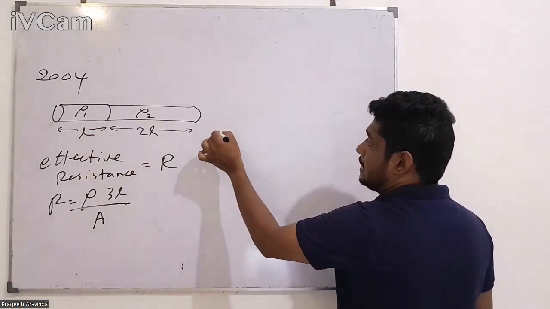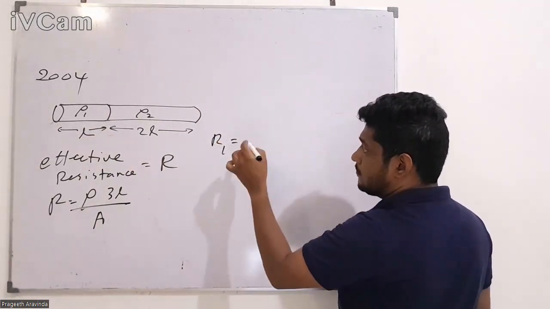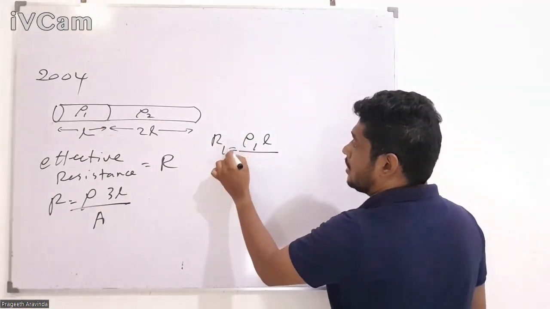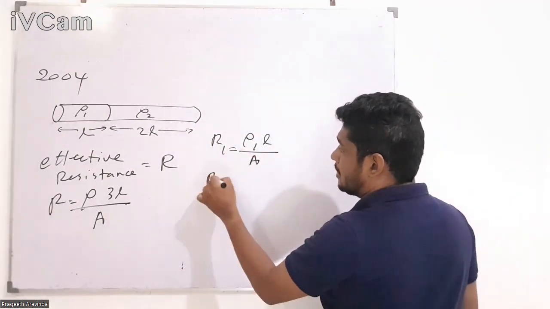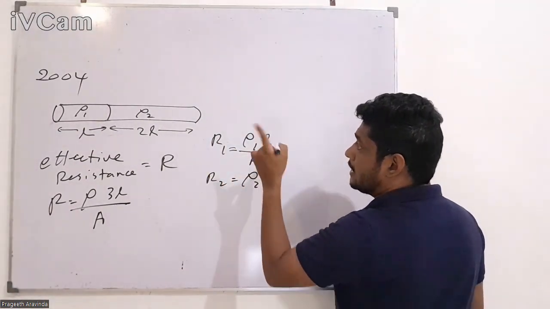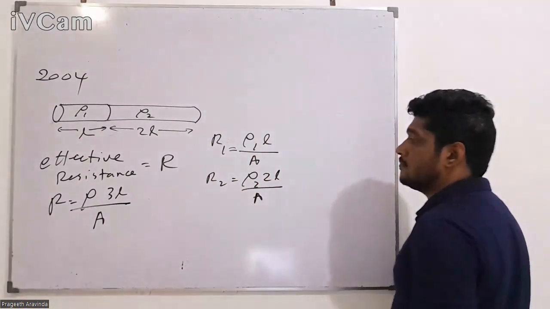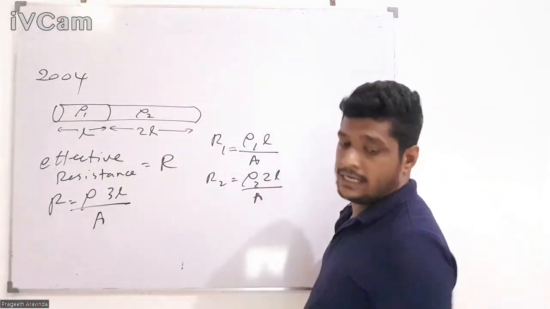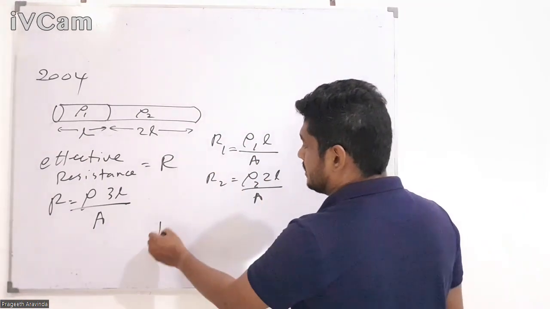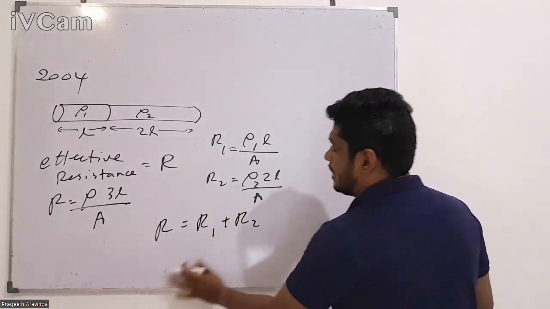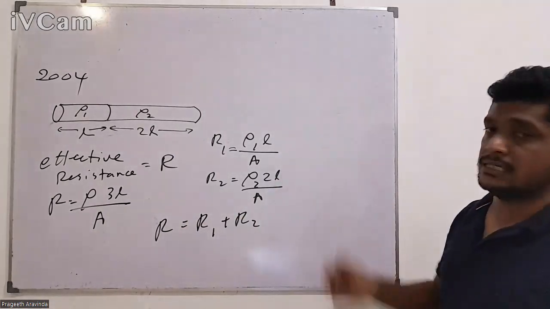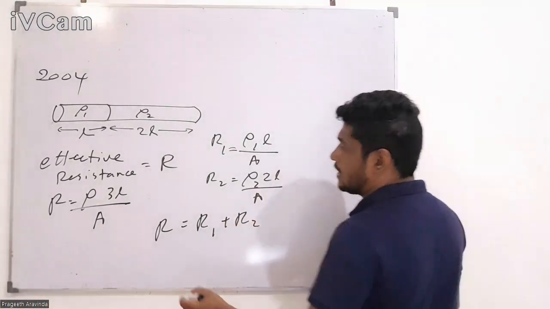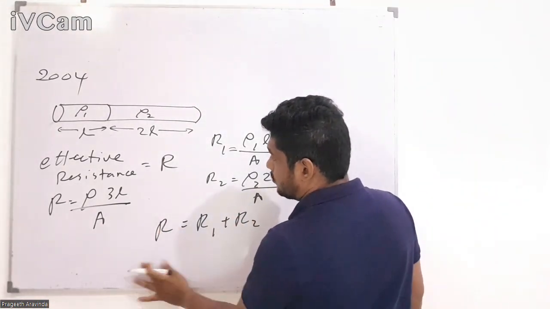So here I can write R1 equals rho 1 L over A, and R2 equals rho 2, it is 2L over A, right? So when two resistors are combined in series, you can just add those resistors, right? ඊළඟට මේක substitute කරගන්න පුළුවන් නේ.